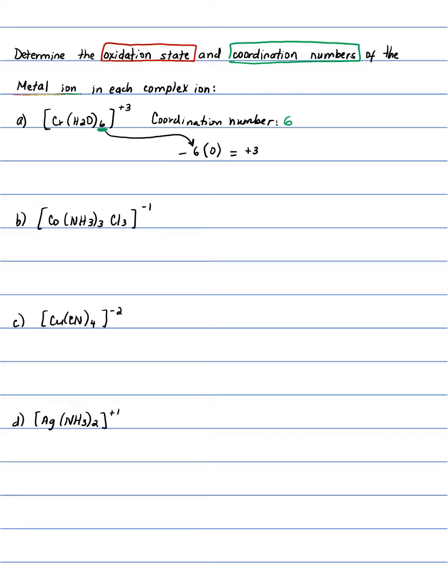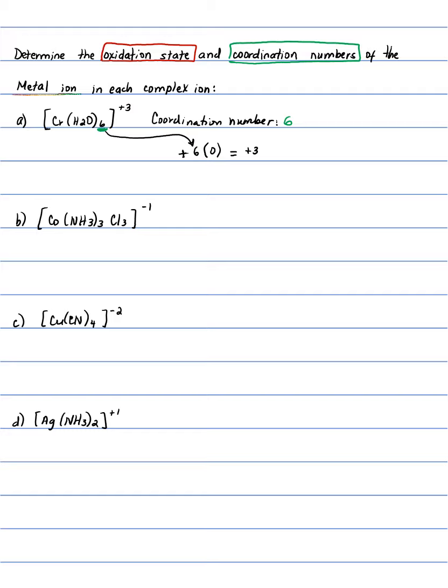And then we're going to add to that an X because we don't know the charge of the chromium in that complex ion. So what we're actually trying to determine is the charge of the chromium.